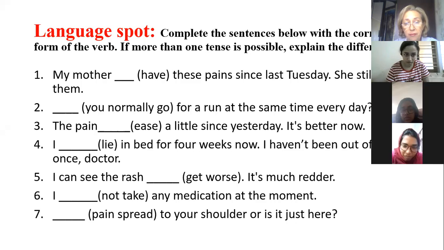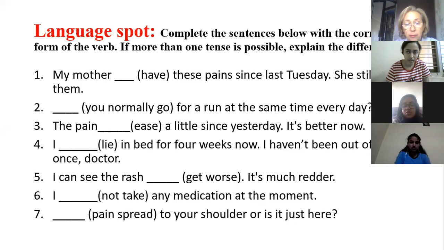So the sentence emphasizes the process that it lasted for 4 weeks. If it is important, which tense should we use? I have been lying in bed. Yes, exactly. You're right. Present perfect continuous.